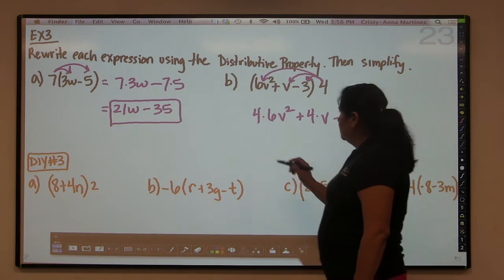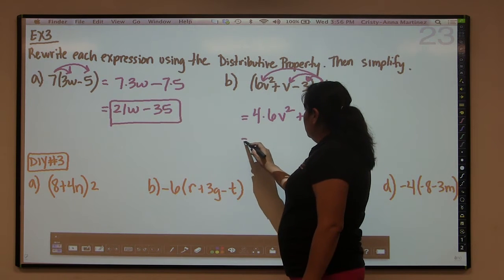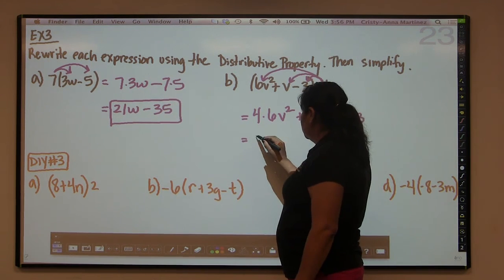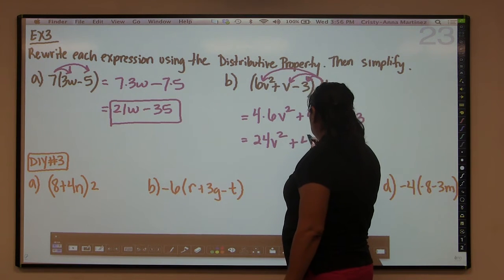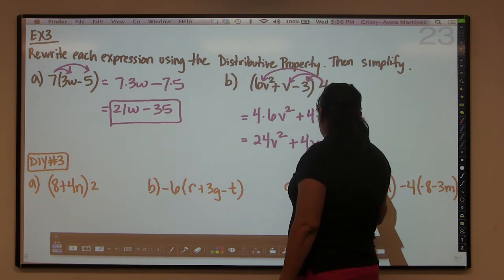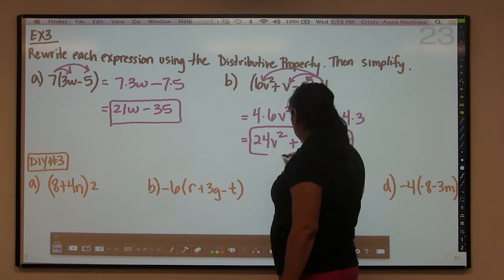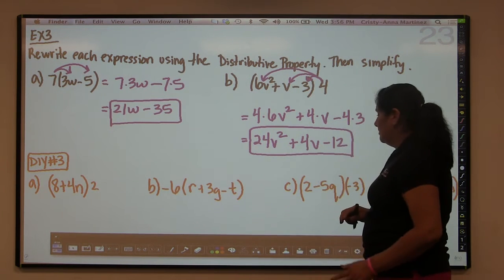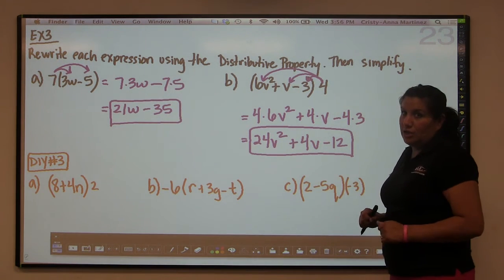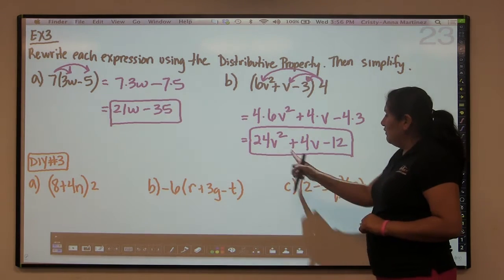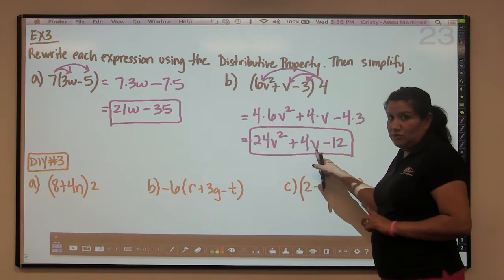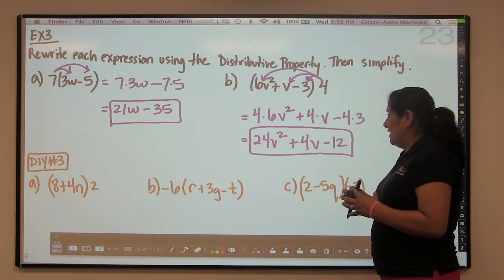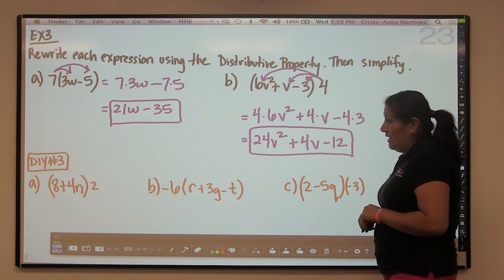So now we're going to multiply this out, and 4 times 6 is 24v squared, and then we get 4v minus 12. And again, in this scenario, all of these terms are what we call unlike terms. They are not alike. Even though these both have a v in them, one is v squared and one is v to the first power, so that's not the same, and you can't combine them. So that's how you would leave your answer.